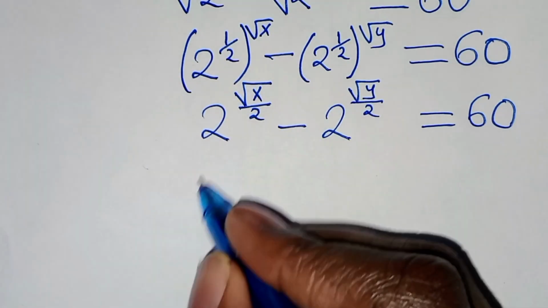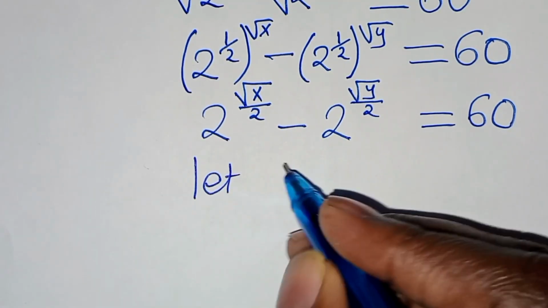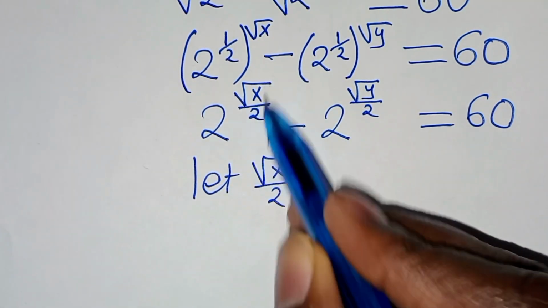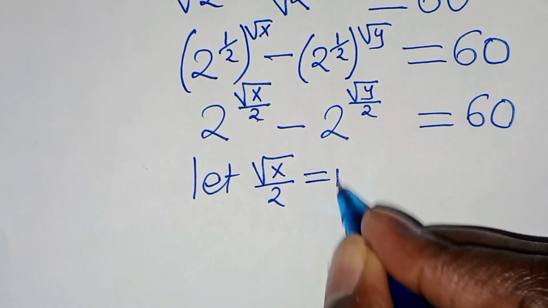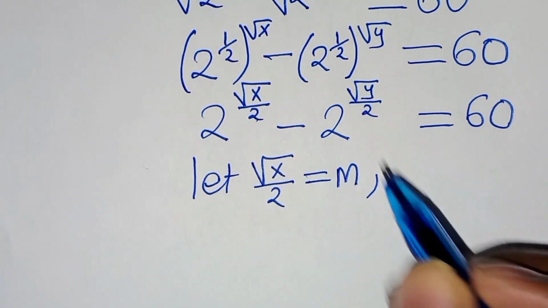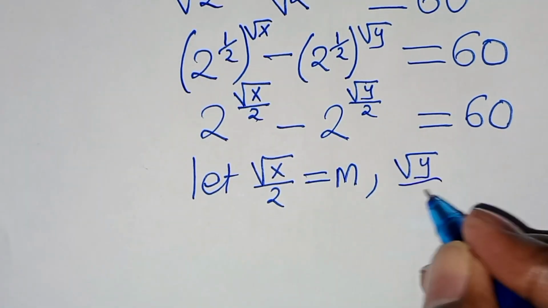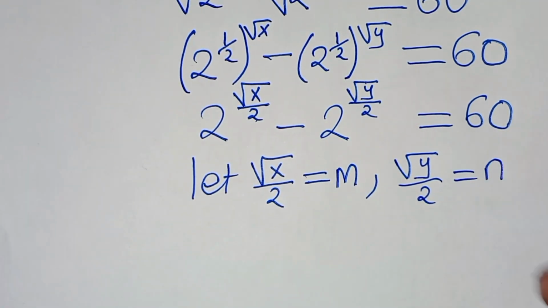The next step is that we can say let square root of x over 2, what we have here, be equal to m. And we say that let square root of y over 2 be equal to n.